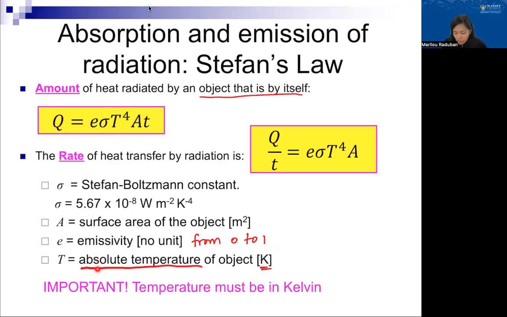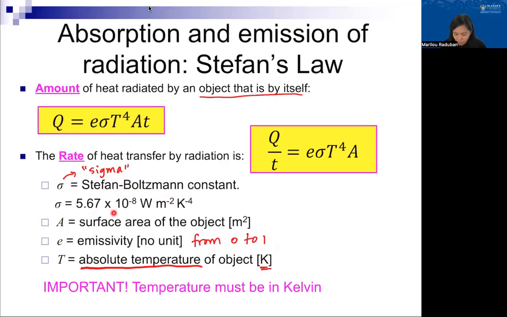And the main reason why the temperature has to be in Kelvin is because of this constant called the Stefan-Boltzmann constant, given by the symbol sigma, a Greek symbol. Sigma is called the Stefan-Boltzmann constant.